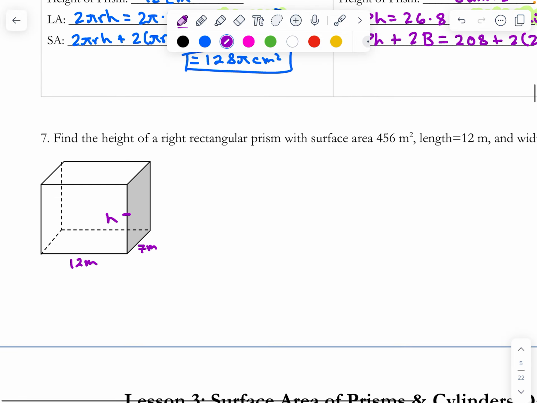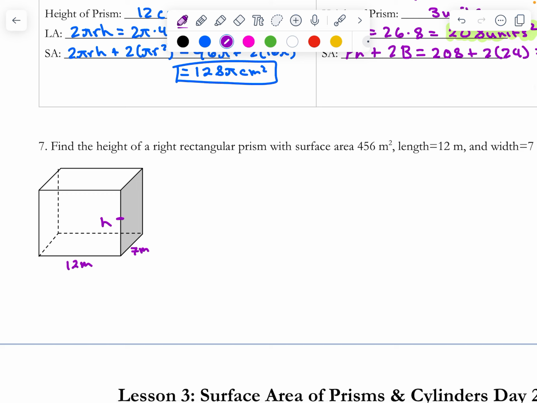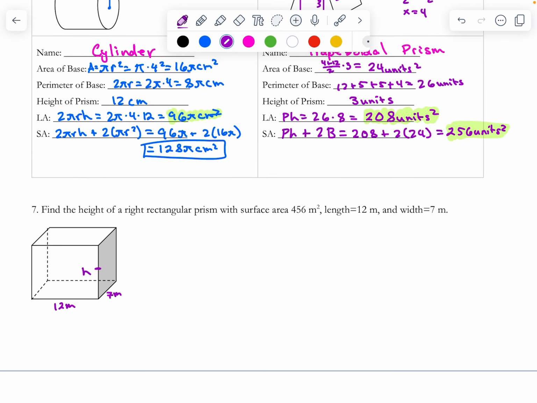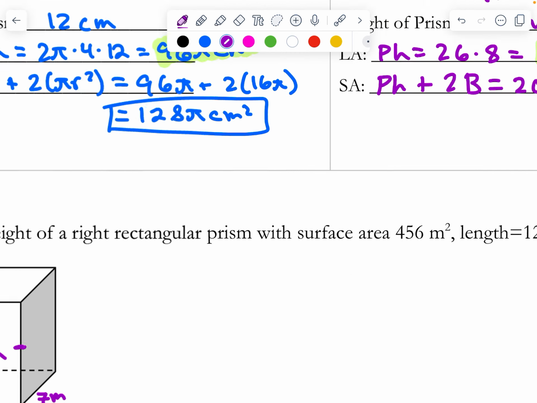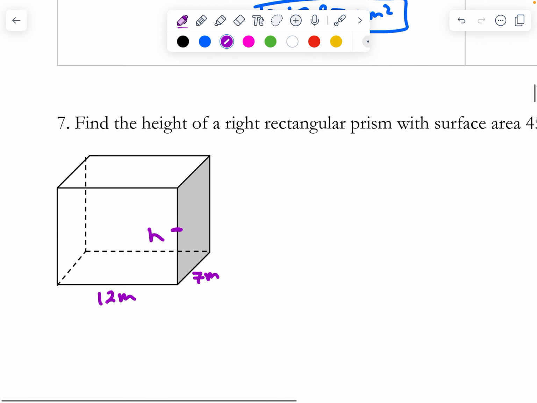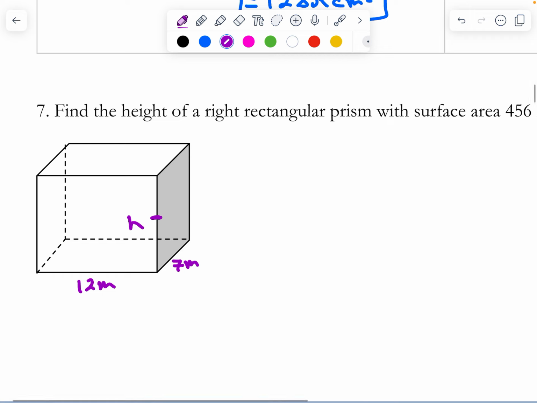Okay. So remember that the way that we get the surface area of this is the lateral area plus 2b. The way that we get the lateral area is doing the perimeter times the height. So let's go ahead and find our first area.